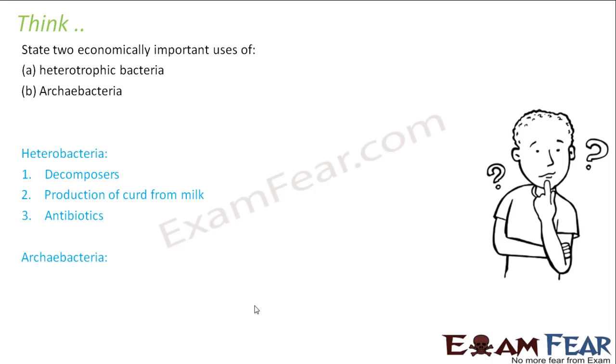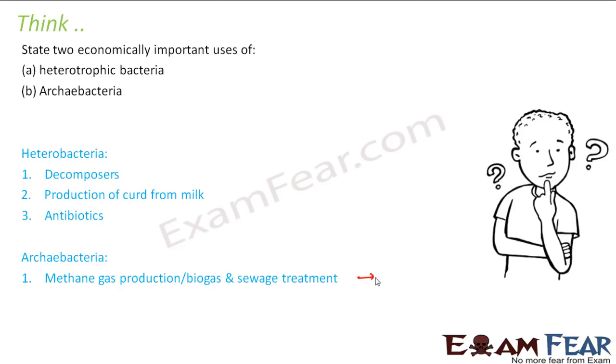Talking about archaebacteria, which are the ancient bacteria, they help in the production of methane gas or biogas and therefore help in sewage treatment. You remember we talked about the different types of archaebacteria depending upon the type of environment they live in. There we talked about the methanogens. The methanogens are the ones which help in the production of methane gas. So this is a very important use of archaebacteria.